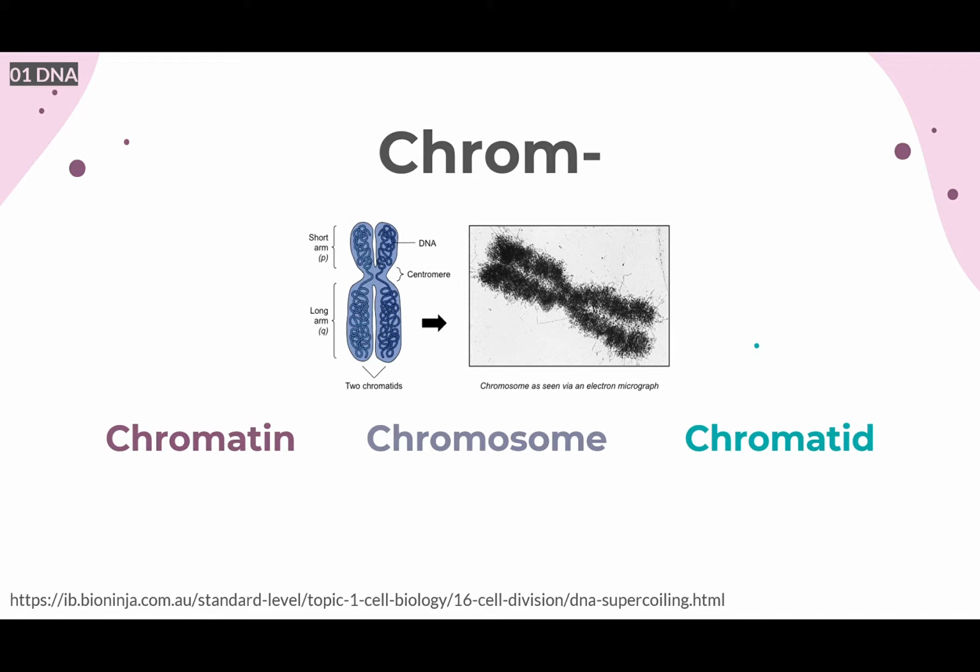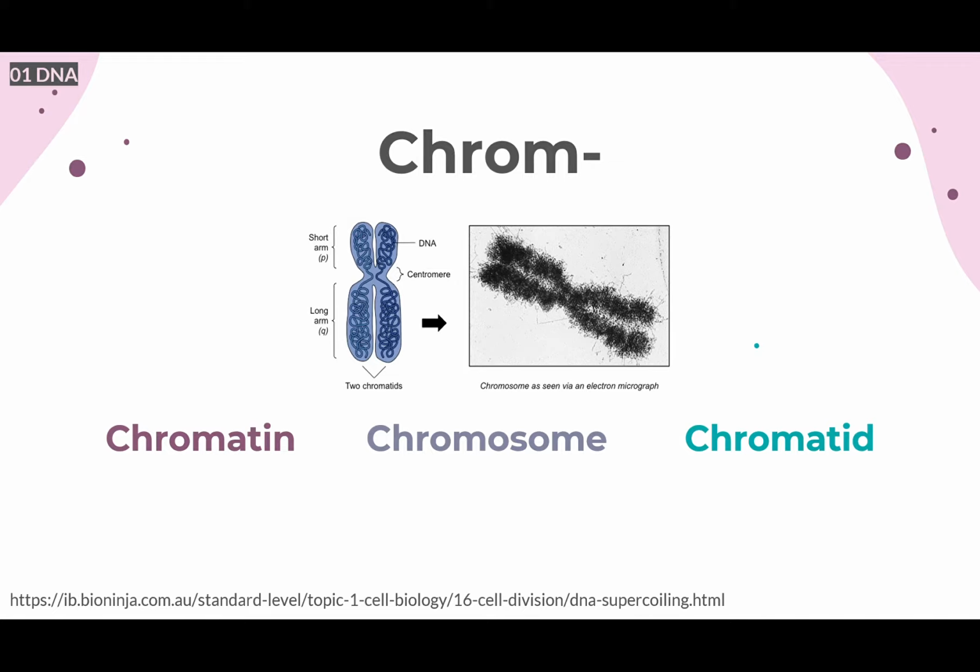Then we have a chromosome, which you can see in the picture. That is DNA temporarily packaged into tightly wound and condensed versions prior to division, and it's easily segregated but inaccessible to transcription, and that is also what you can see in karyotypes when you look at the genetic makeup of a person.